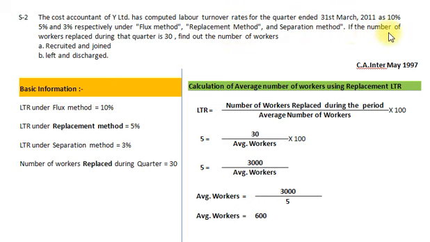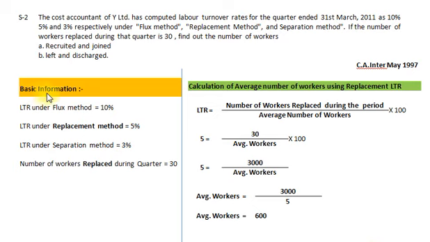If the number of workers replaced during that quarter is 30, find out the number of workers A, recruited and joined, and B, left and discharged.